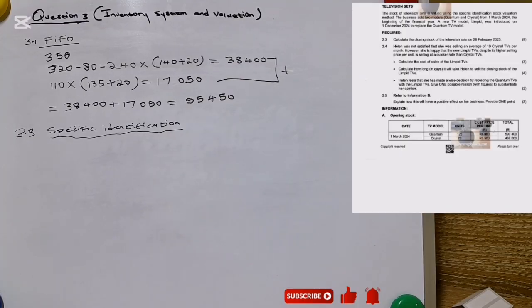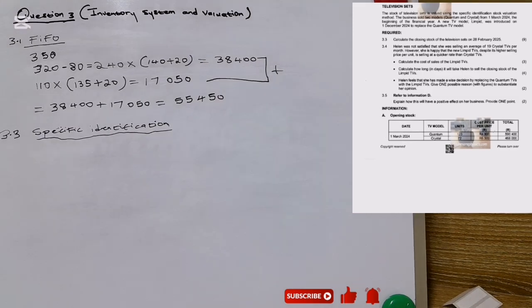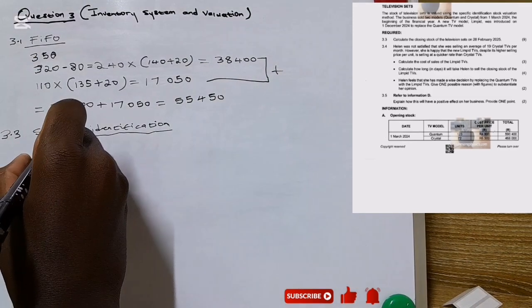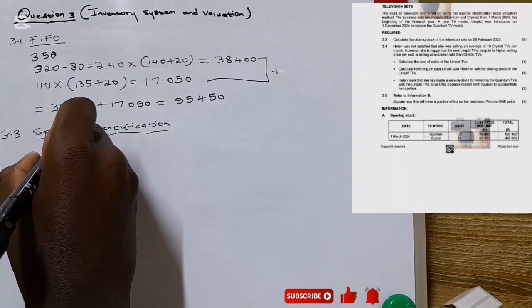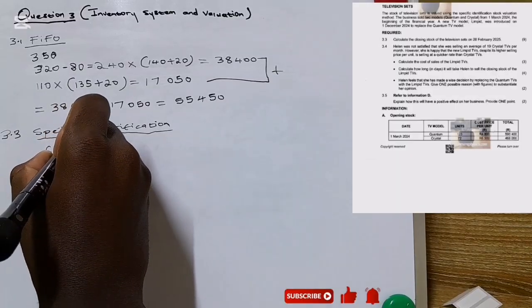If you can check information number A, in 3.3 they said calculate the closing stock of the television sets on 28 February. In information number A, we have opening stock for Quantum and Crystal. So we are going to start with the Crystal model.